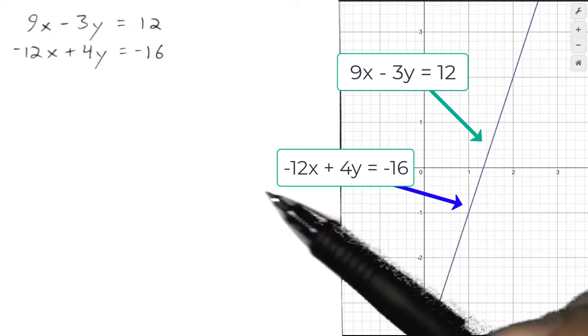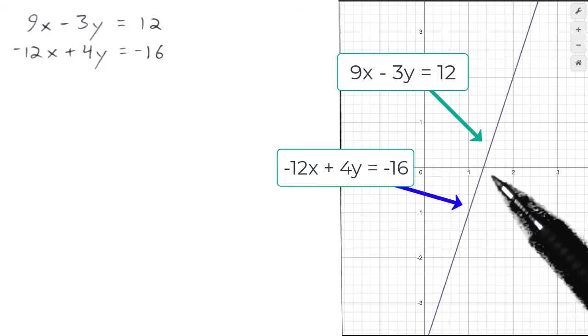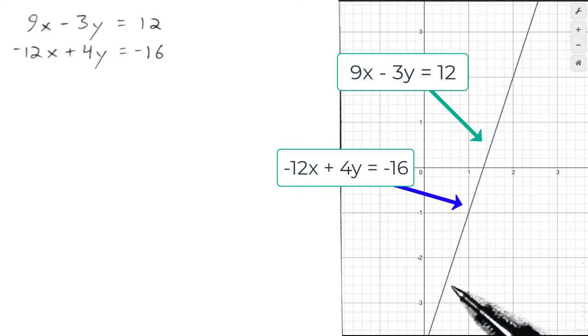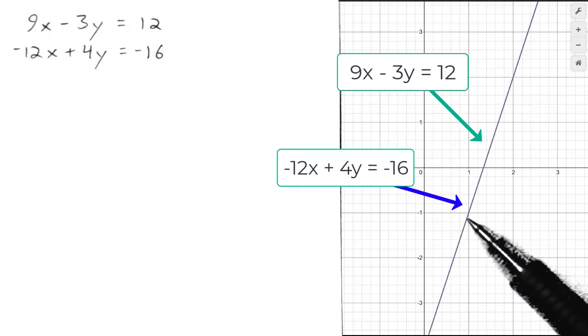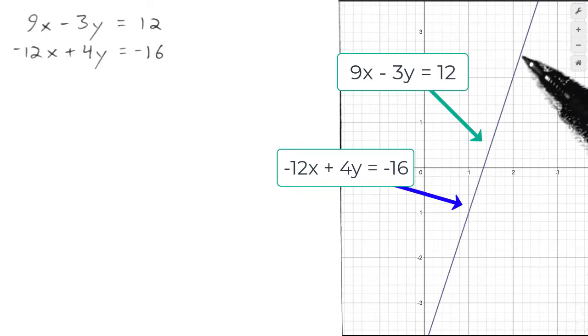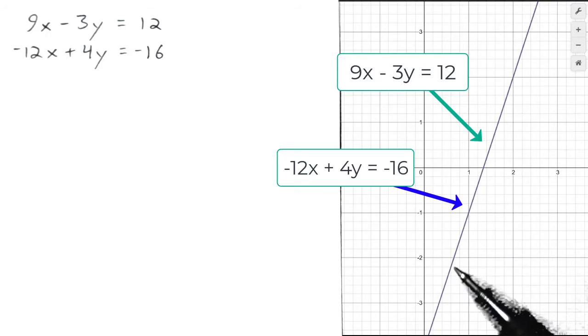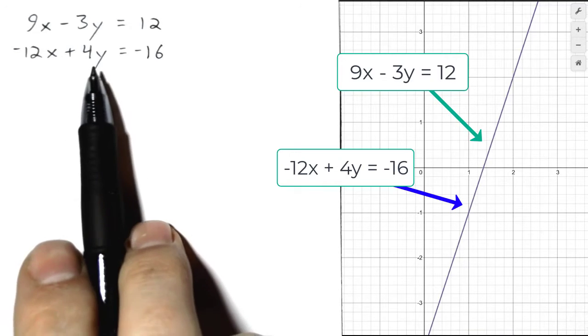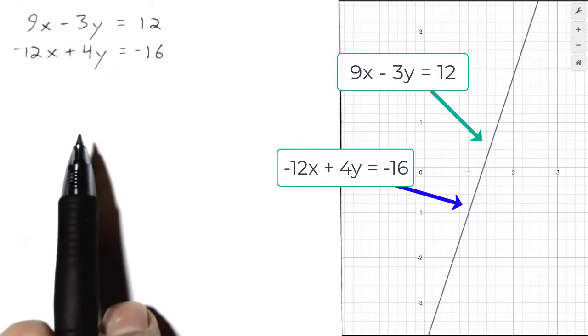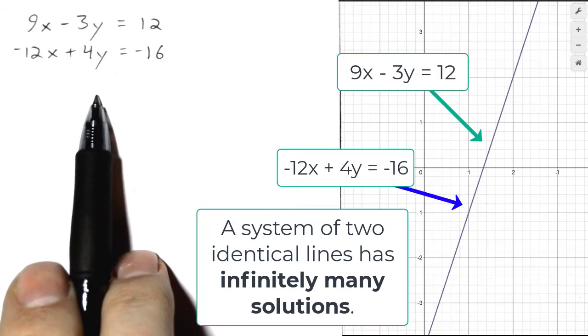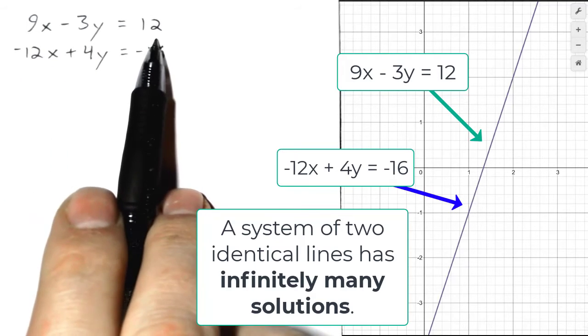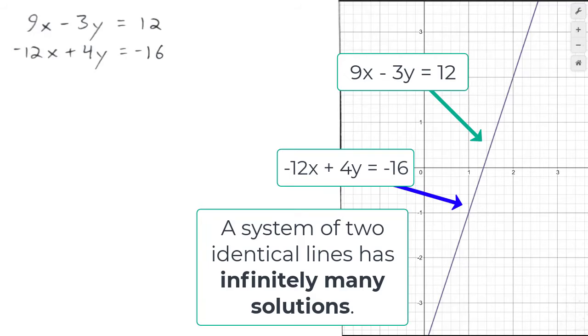Therefore, we see, because the lines lie exactly on top of each other, any solution to one equation is also a solution to the other equation. And because the line is a collection of an infinite number of points, an infinite number of solutions, we see that this system should have an infinite number of solutions. Or another way to say that is any solution to one equation is a solution to the other equation.